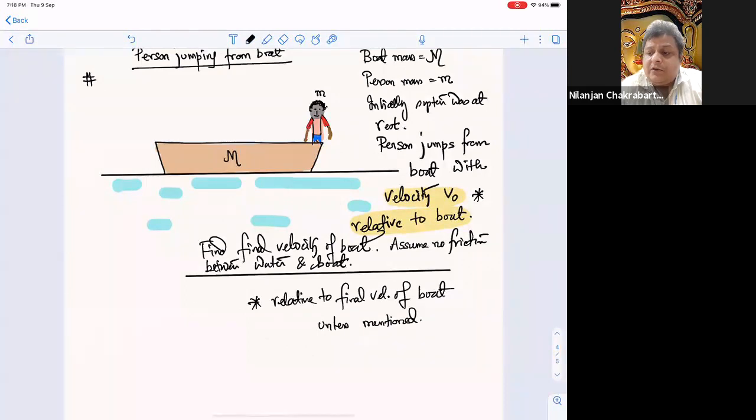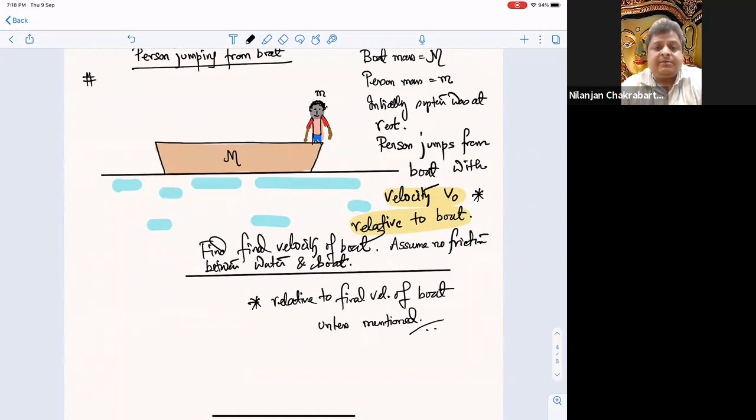In all cases, if not mentioned specially, relative to the boat means relative to the final velocity of the boat. Why? When the person jumps, the boat has started moving already, because the person has applied some force.